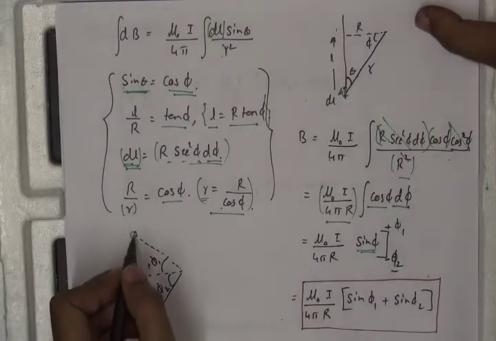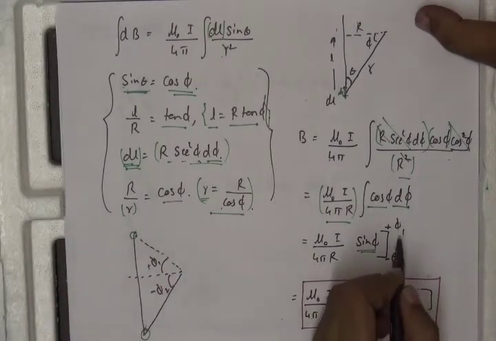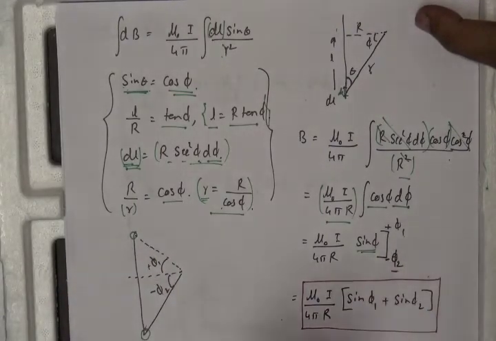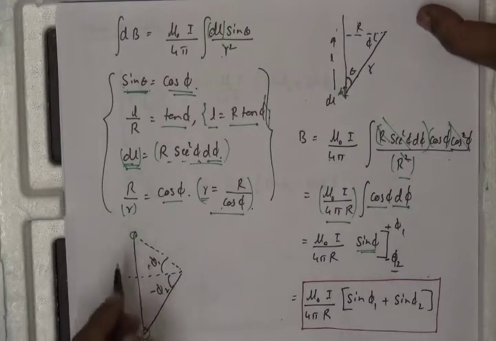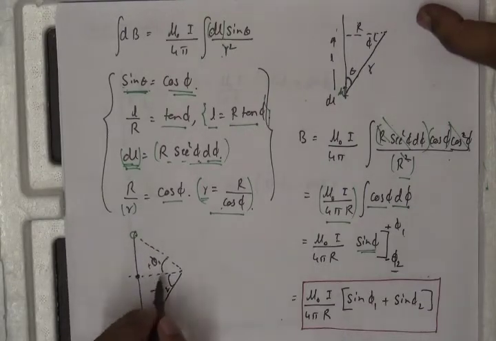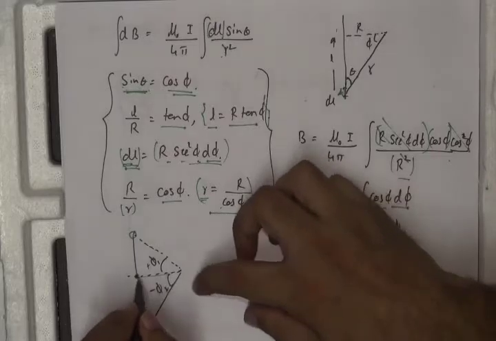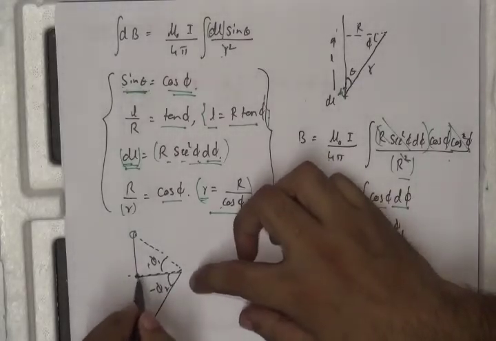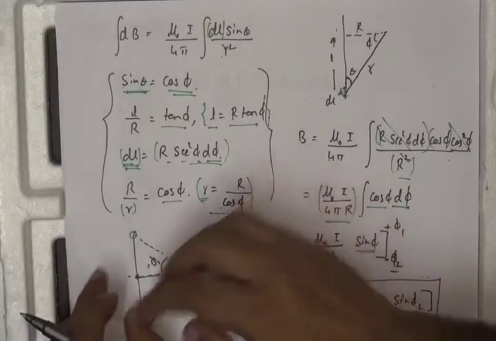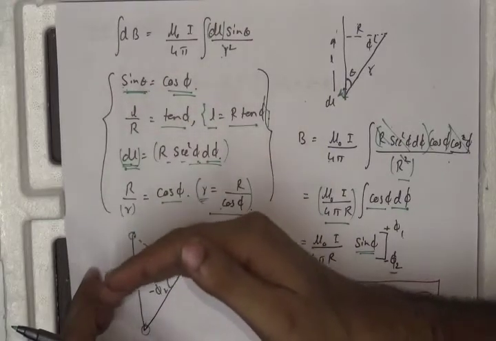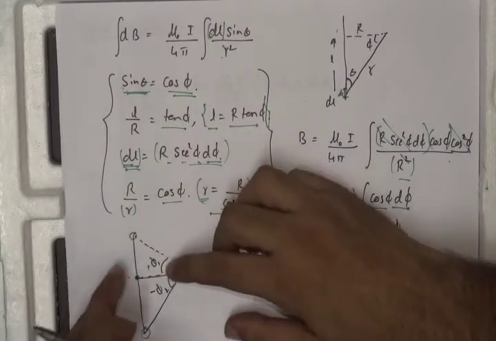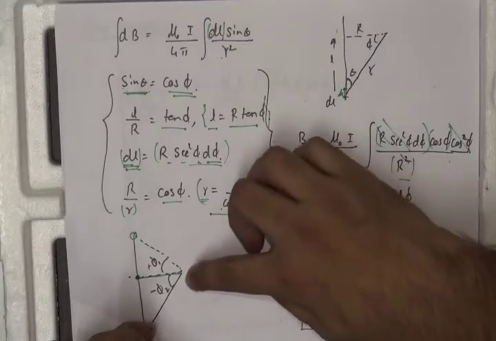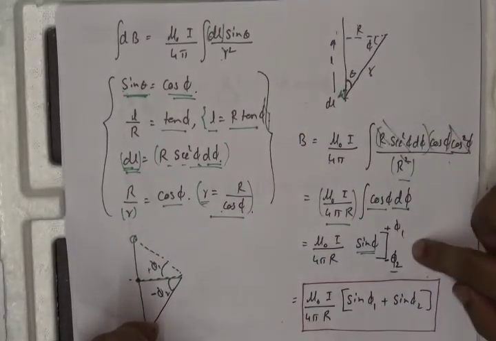And to include this section of the wire, I have to put the value of phi as equal to plus phi 1. Why minus phi 2? See, if this portion of the wire I have to include, I have to take phi to be equal to 0. Any length above it, phi will be positive. Any length below it, I have to take phi to be negative while putting it in the limits.